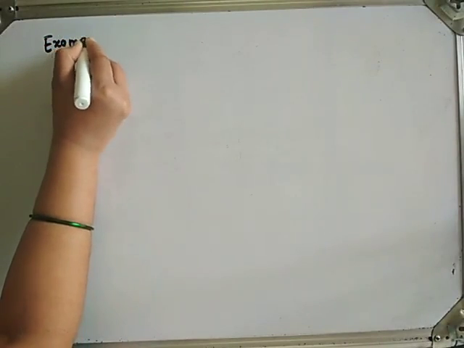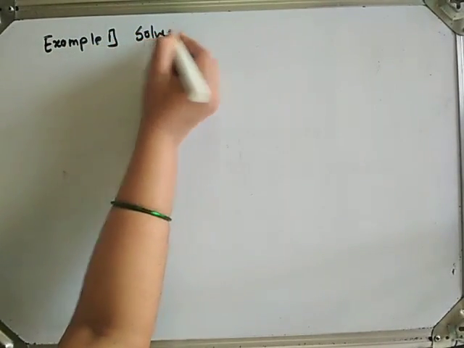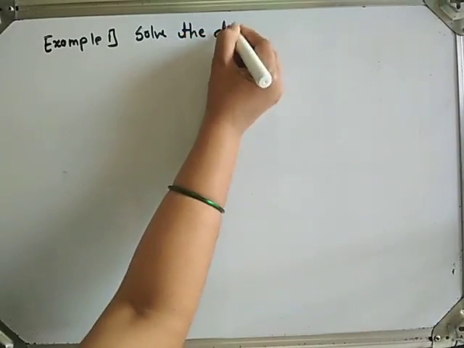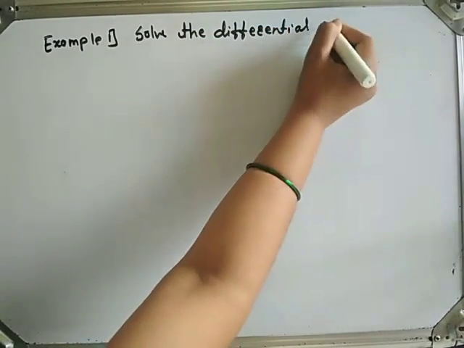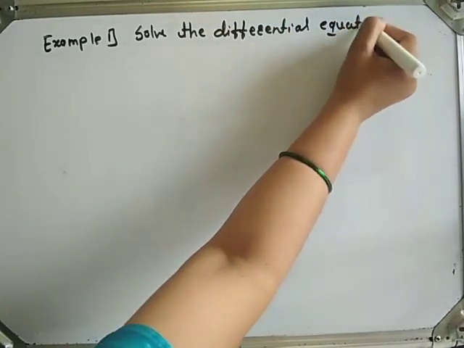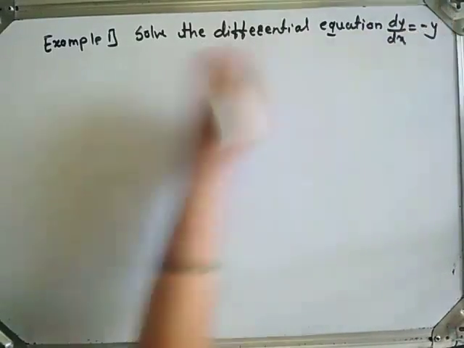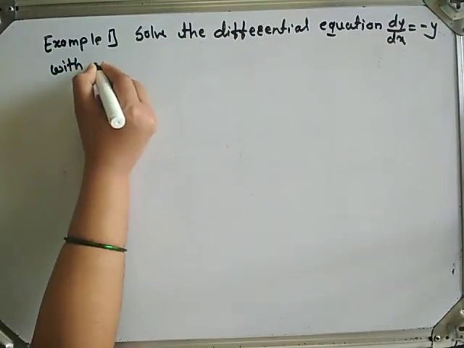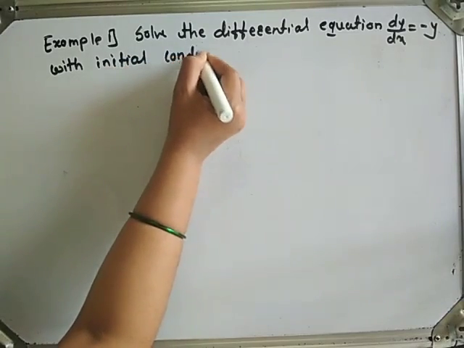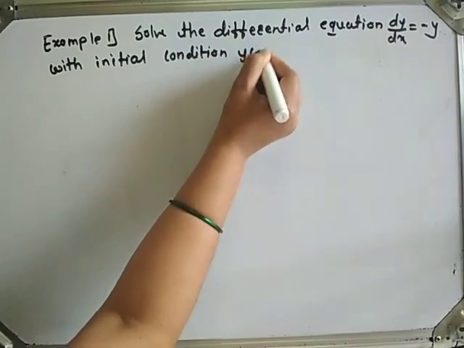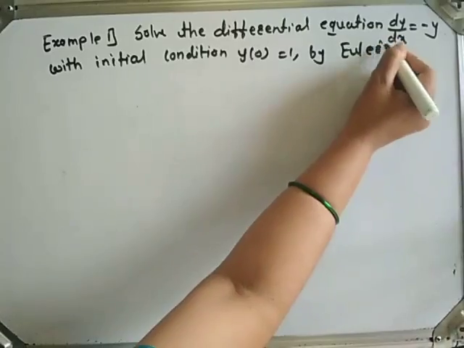Example number 1. Solve the differential equation dy by dx is equal to minus y with initial condition y of 0 is equal to 1 by Euler's method.